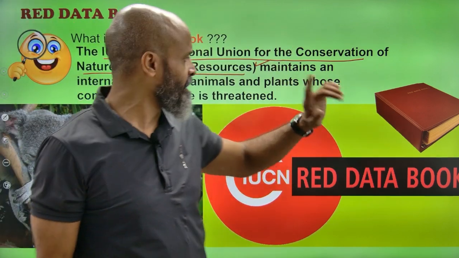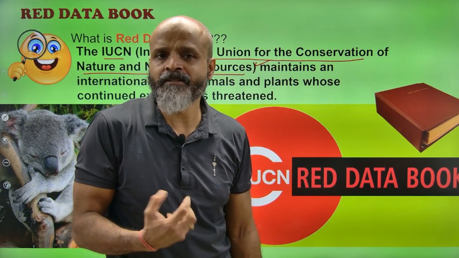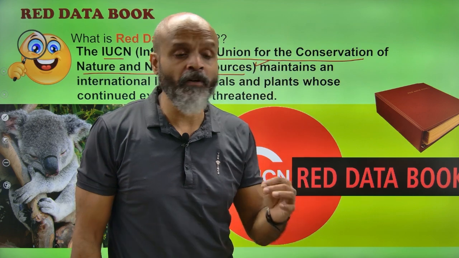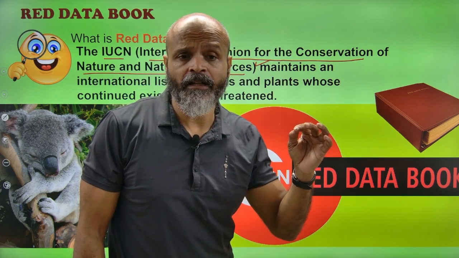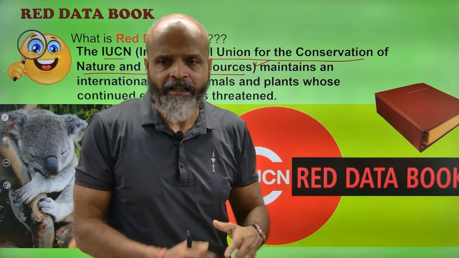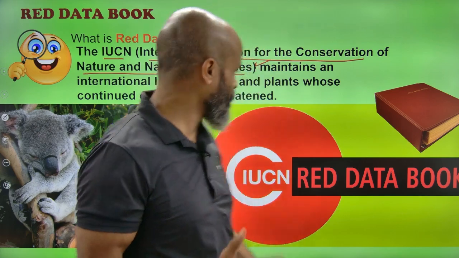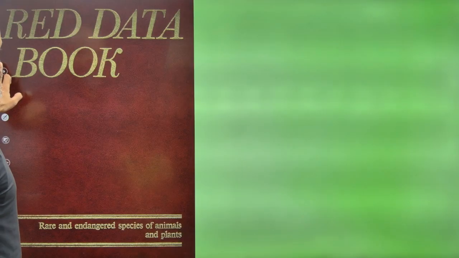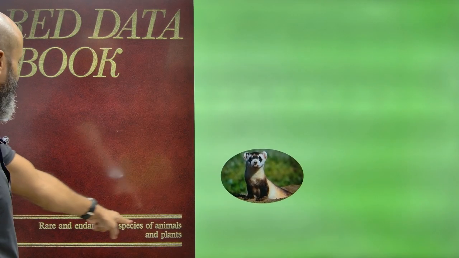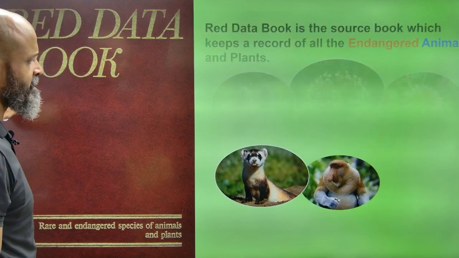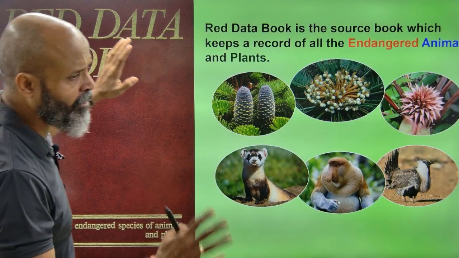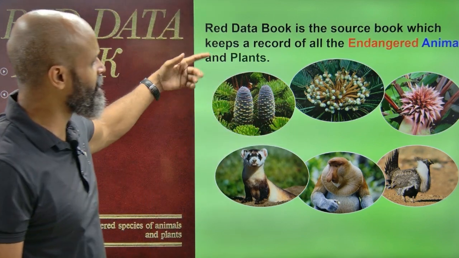This red data book actually has all the data for animals and plants which are on the verge of extinction, which are being declared as endangered, and if we don't take due care, we are going to lose them sooner or later. Okay, so the red book lists rare and endangered species of animals and plants, and every year they keep on listing, so the list becomes higher and higher.